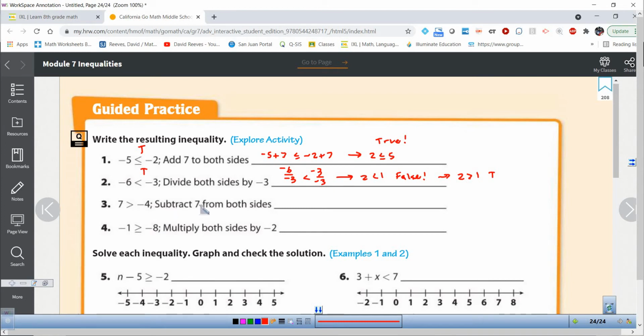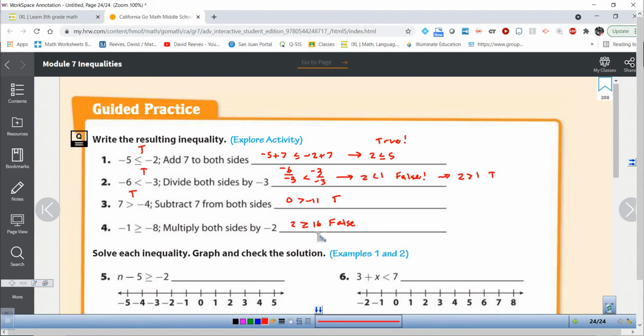All right, this one, subtracting 7 from both sides, I would get 0 is greater than negative 11. This is true, and this is also true. This one, when I multiply both sides by negative 2, I get 2 is greater than or equal to 16, which of course is false.